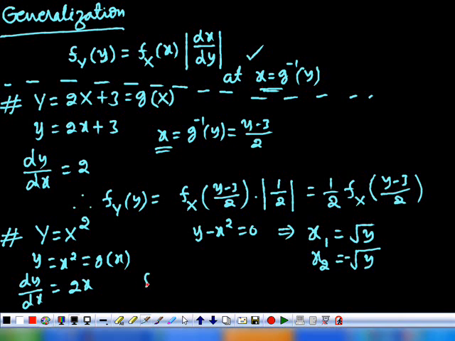Then what is fY(y)? fY(y) is equal to fX(x1) |dx/dy| at x = x1.